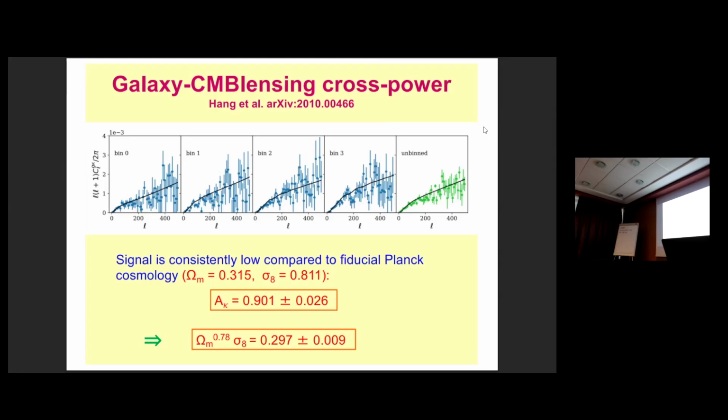As with the total CMB lensing signal, you can ask what the consequence of that is for cosmological parameters. The scale of the signal is obviously proportional to sigma 8. It turns out that a faster power of the density parameter for these low redshift contributions is appropriate, about omega matter to the 0.8.